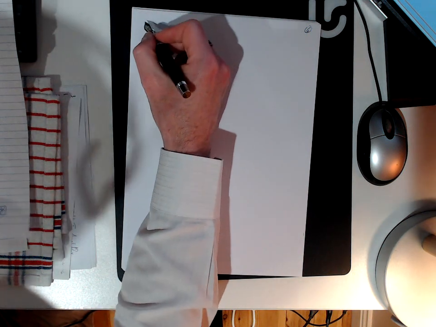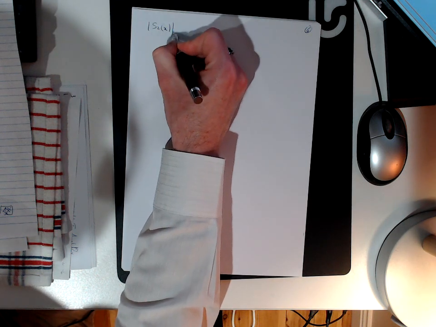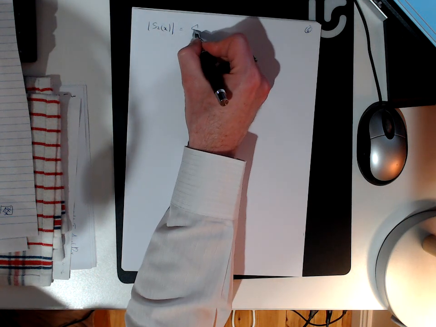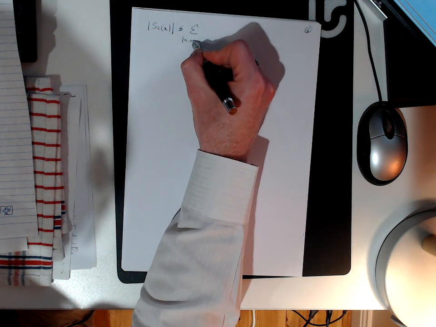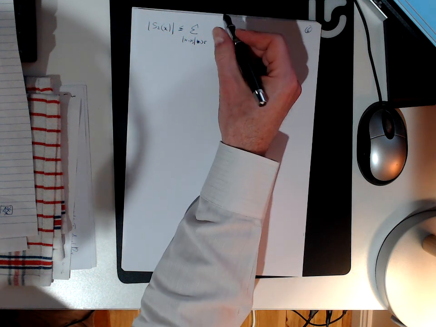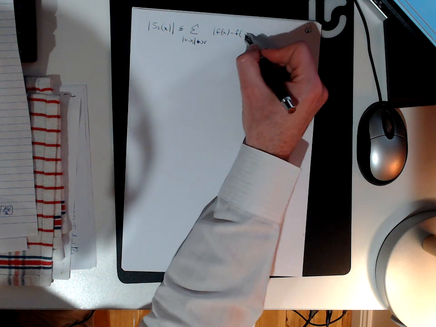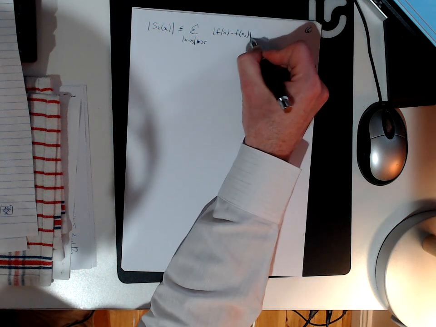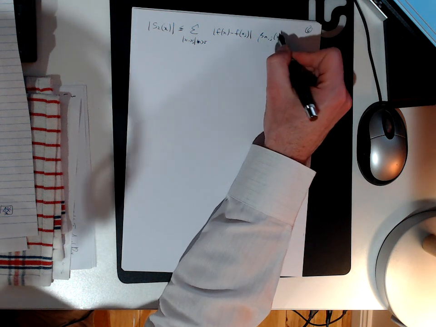Now the next step in the proof is to interpret what that means for S2. The modulus of S2 is less than or equal to the sum over x minus xj greater than delta of the absolute value of the difference between f(x) and f(xj) times my beta nj(x).